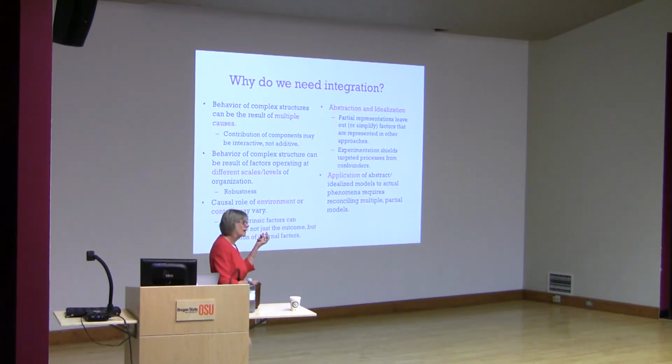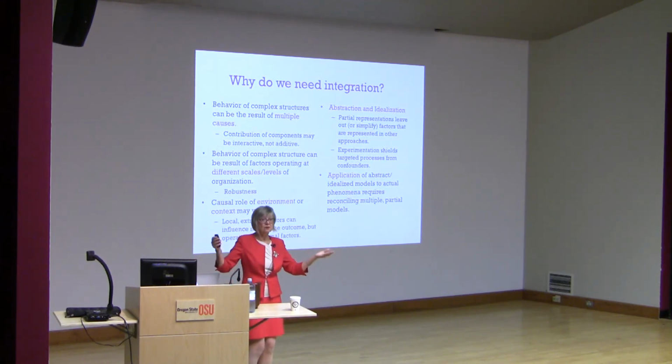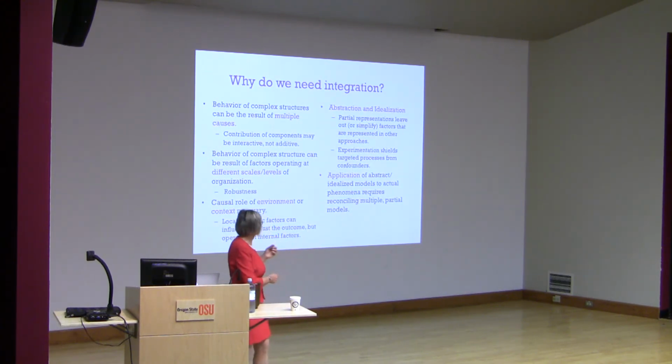Some of the reasons why this is the case are listed here. Complex structures can arise from multiple different sources, and different components can contribute differently to those. The behavior can also be influenced by different factors, and an overall behavior can be the result of two or three very different underlying features that come together.